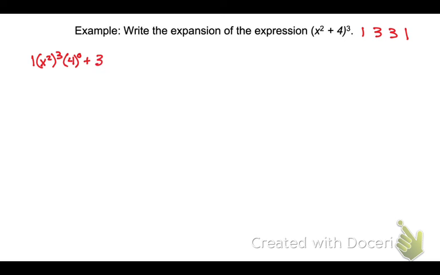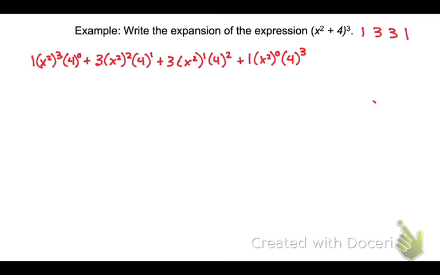And 3 times x squared to the second, and 4 to the first. And 3 times x squared to the first, and 4 to the second. And 1 times x squared to the 0, and 4 to the third.